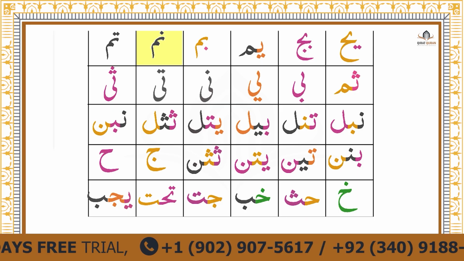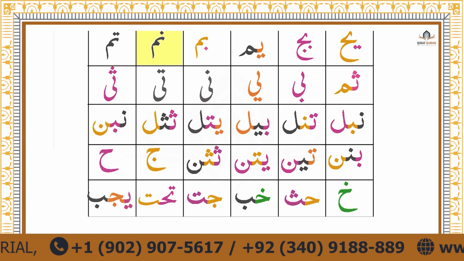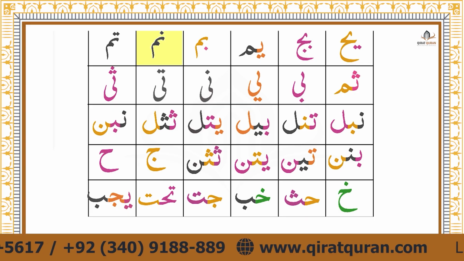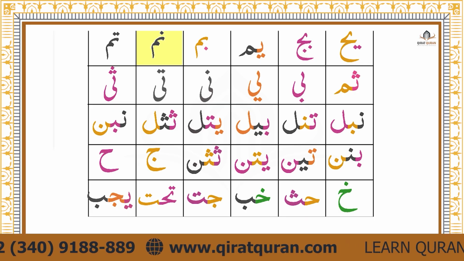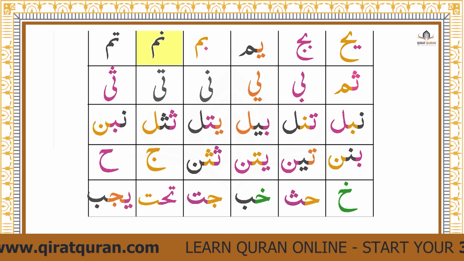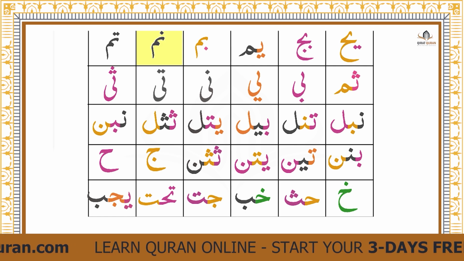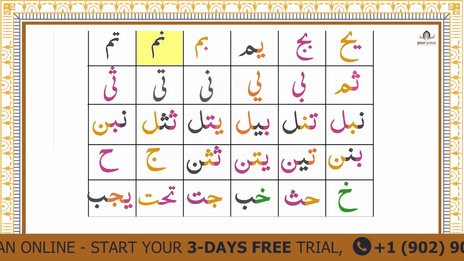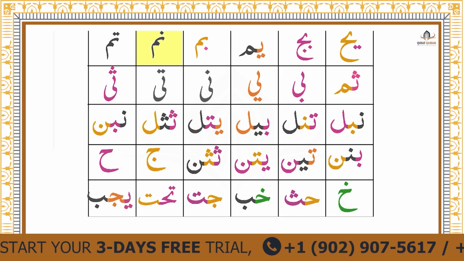These two letters: the first one is Noon because we know that a letter having one dot at the top is Noon. Then the next letter is Mim. Noon, Mim.